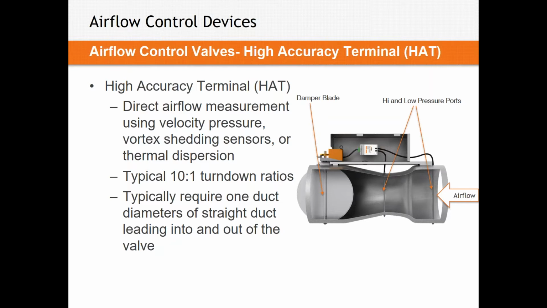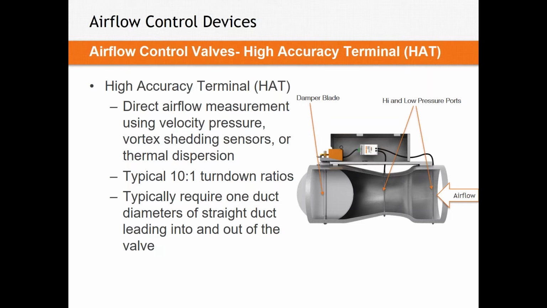The bigger it is, typically within reason, the easier a number is to measure. So it's easier to measure a meter than it is a centimeter. So in our case, it's easier to measure a few tenths of an inch than it is a few hundredths of an inch of pressure drop. And that's one of the principles we rely on here for a high accuracy terminal: generating a known pressure drop, measuring it, and then controlling airflow.